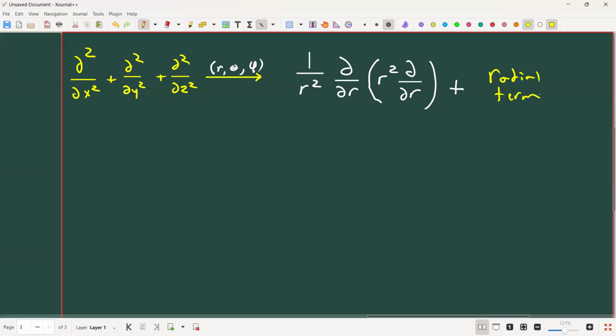But for angular momentum, we don't have to think about this term at all. Because remember, the radius is fixed. So whatever motion the system is doing in terms of angular momentum, r is not changing. So d by dr, the gradient along r, how much the energy is changing as you change r, is 0, because d by dr is 0. So this whole term, at least in our case, goes away.